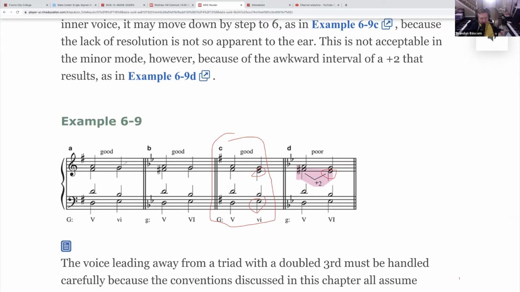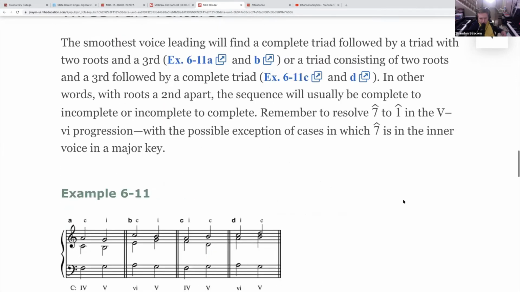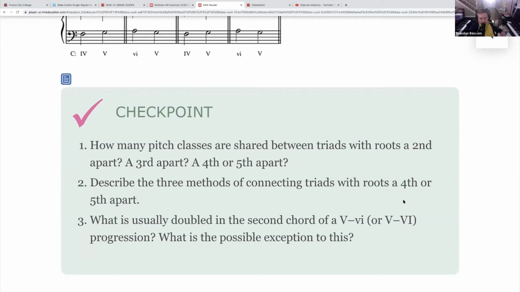But in A and B, we double the third. So I'm not sure I understand the question. What is usually doubled in the second chord?